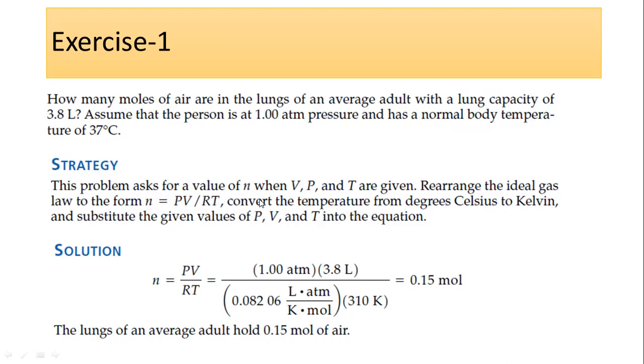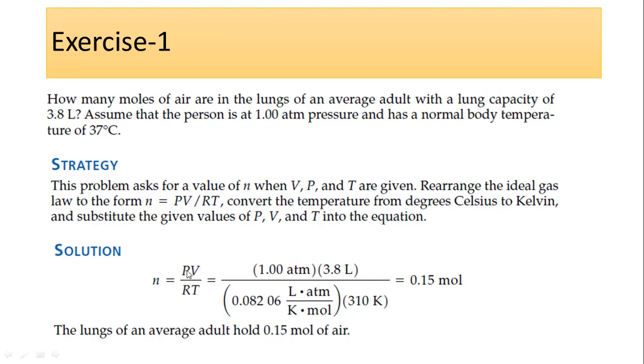This problem asks for the value of n, because you have to calculate the number of moles, and when P, V, and T are given in the data, you put all these in this formula to get the number of moles. So PV = nRT, and n will be equal to PV divided by RT.